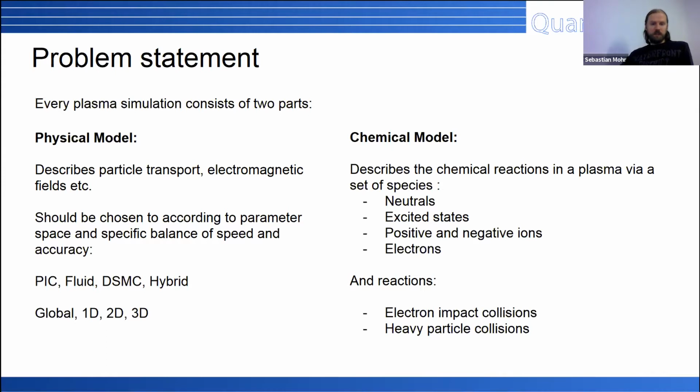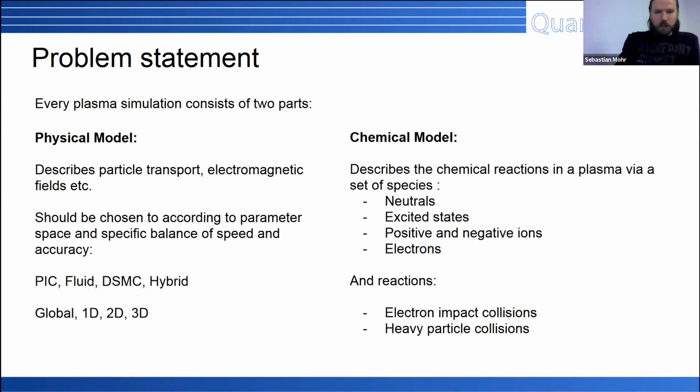Essentially, the difference is that for electron impact collisions, you often find a large database of actual cross-sections, which can also be calculated, which we'll hear about later today, whereas for heavy particle collisions, you usually are restricted to rate coefficients.